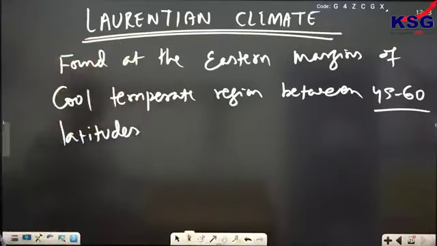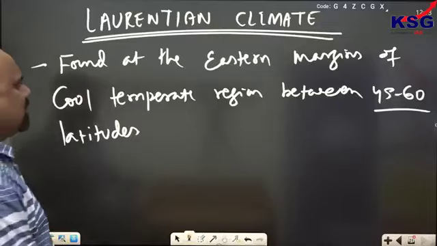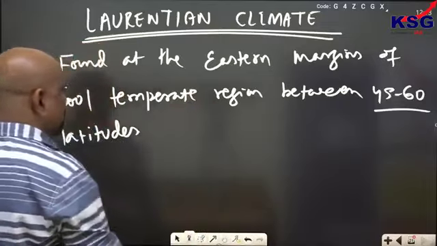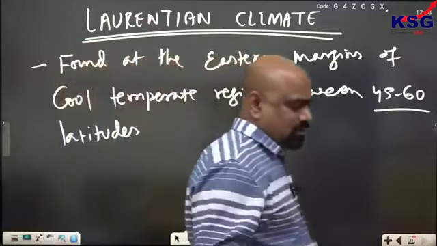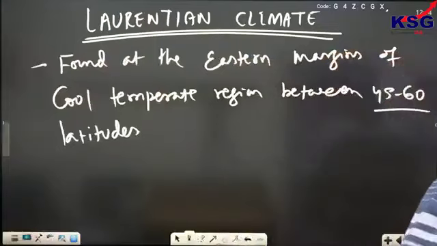The Laurentian climate is found at the eastern margins of the cool temperate region between 45 to 60 degree latitudes.